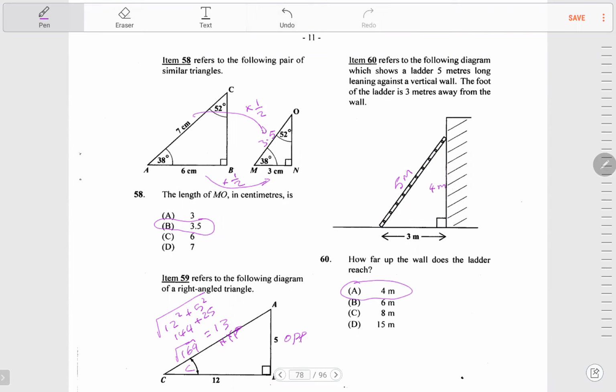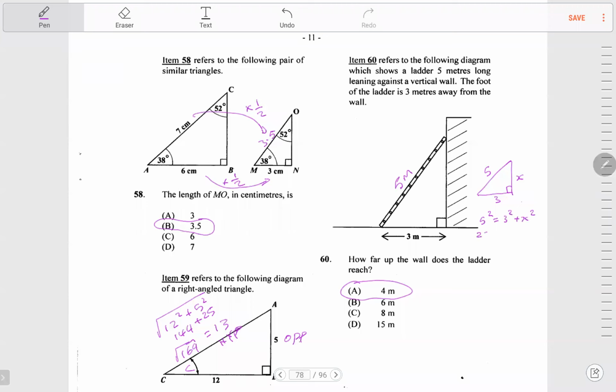But let's say again you didn't know it was 4. You can use Pythagoras' theorem. I recognize in this triangle that this is 5 and this is 3, and I want to find this one. Pythagoras' theorem says that 5 squared is equal to 3 squared plus x squared.